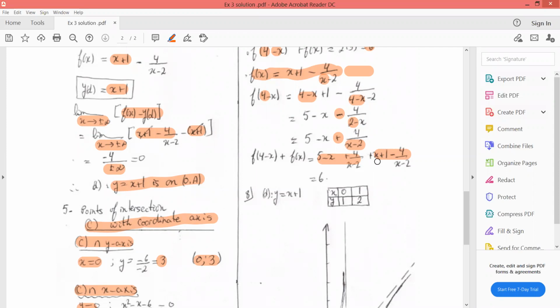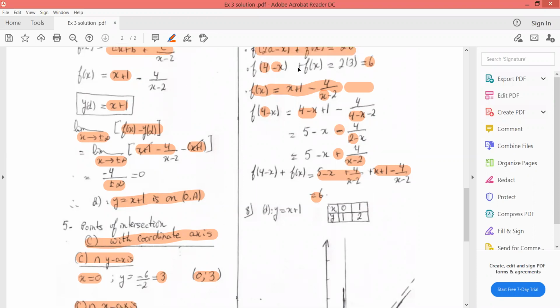Minus x plus x simplified. 4 over x minus 2 minus 4 over x minus 2, they are cancelled. So we get 6. So we have proved this relation, f(4 minus x) plus f(x) equals 6. Then I is a center of symmetry.